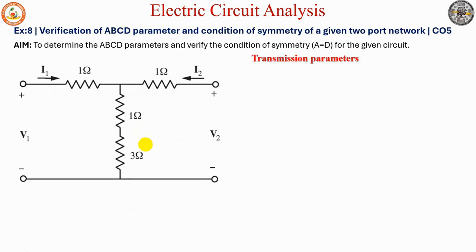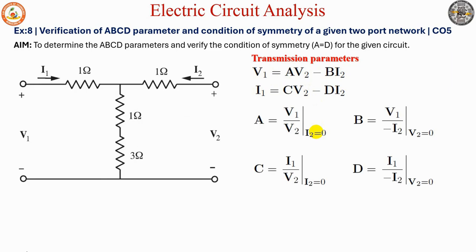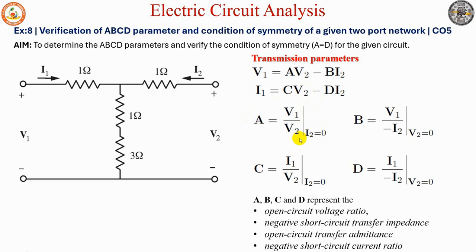Now the transmission line parameters are given as V1 = A V2 minus B I2, and I1 = C V2 minus D I2. So these are your two-port parameters, the transmission line parameters or ABCD parameters. Now what is ABCD? A is called the open circuit voltage ratio.